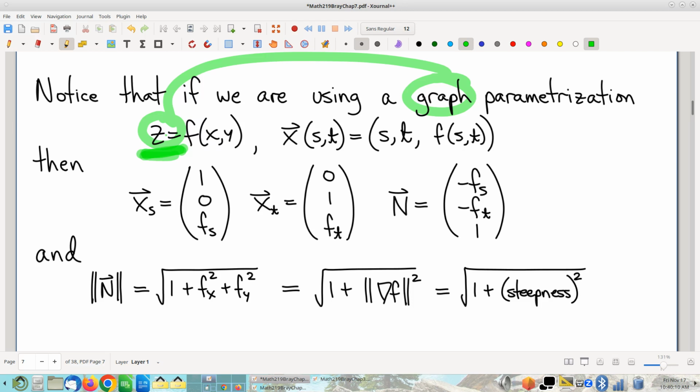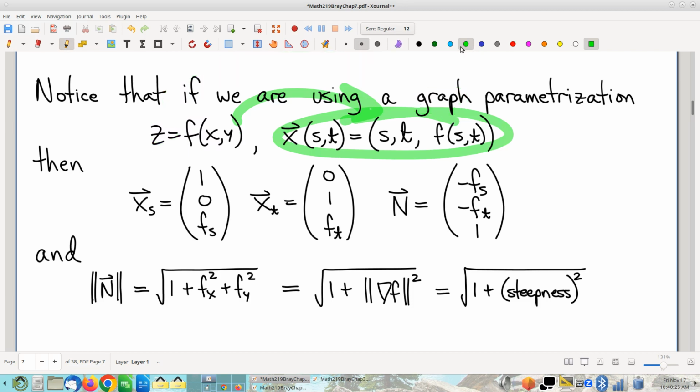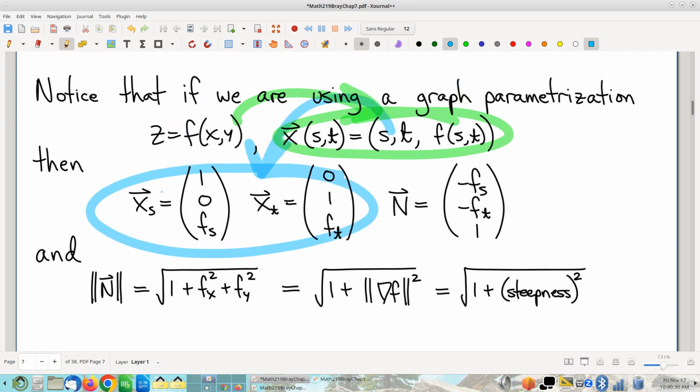Okay. So that said, in this special case, if we have a graph, we know how to create a graph parameterization. When you have a graph parameterization, the partial derivatives work out pretty nicely. Look at those very conveniently located ones and zeros.